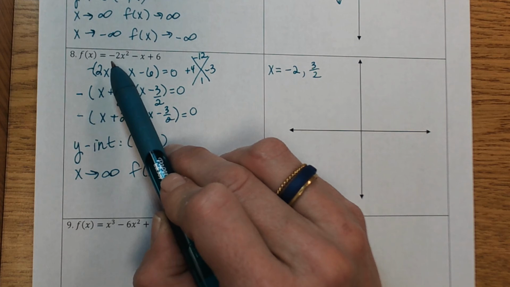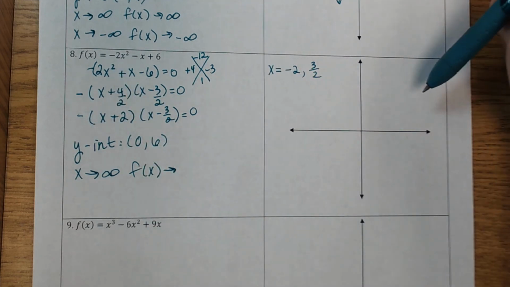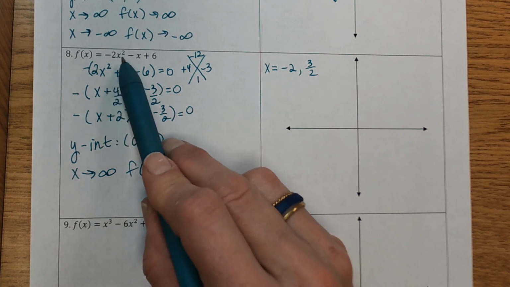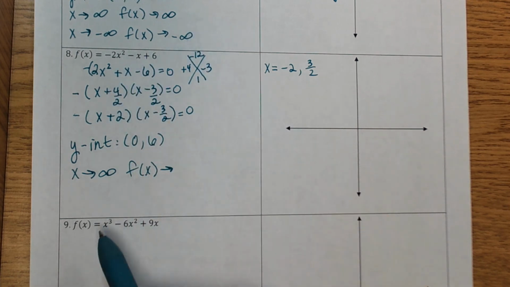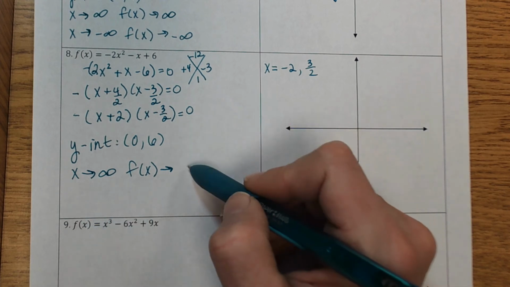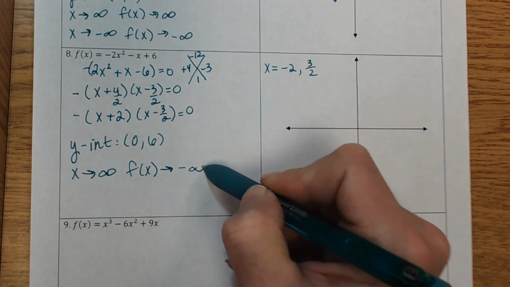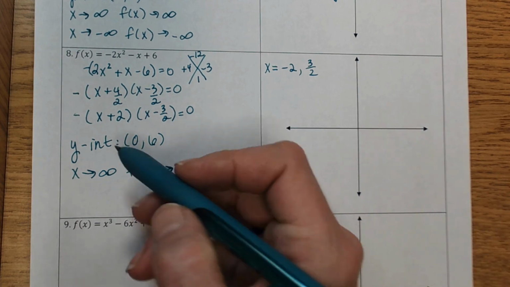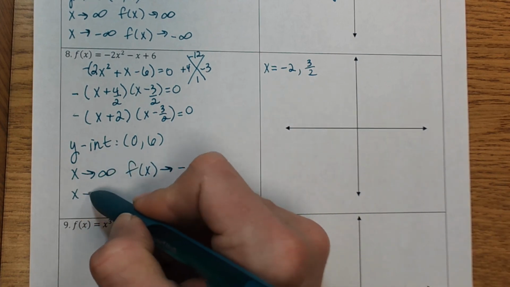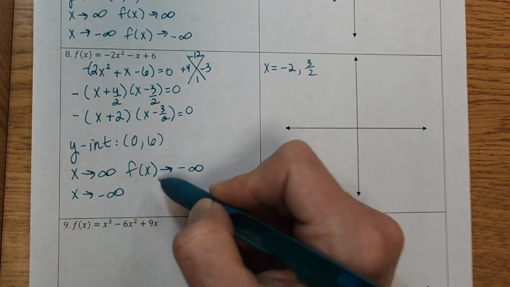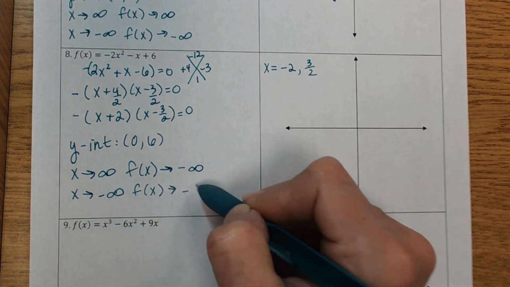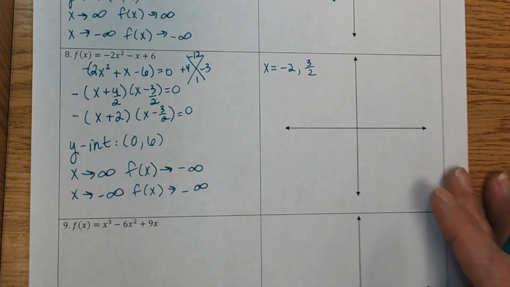So that means that instead of starting on the top right, we would be on the bottom right. And because it's even, our arrows will be pointing in the same direction. So as x goes to infinity, as it goes to the right, we're starting below because of that reflection, so f of x goes to negative infinity. And again, because it is even, we know both of our arrows will be pointing in the same direction.